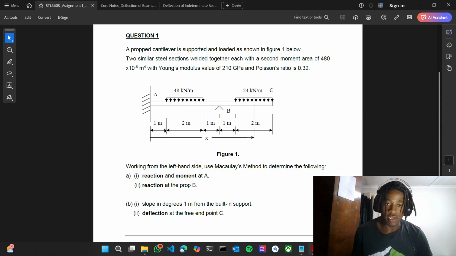So we take a look here at our diagram. We can see this cantilever, which is propped up by the support at B, and it's got an overhang that reaches up until C with some UDLs. It may look complicated, but it's actually not. Just stick to what you know, and you'll be fine.